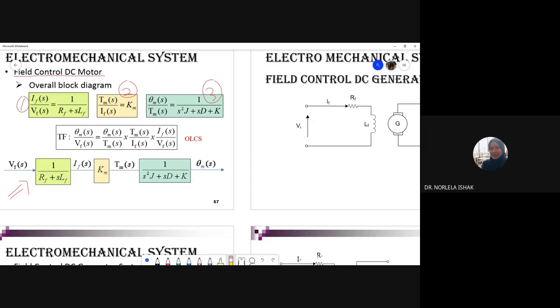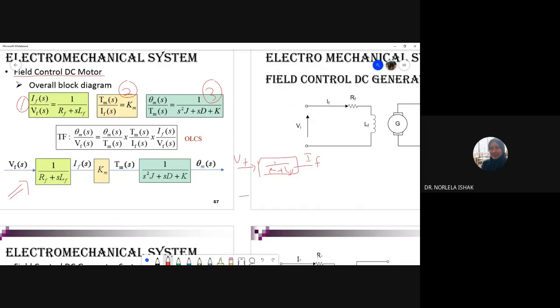So what's the individual block diagram for equation number 1? Let's say you sketch equation number 1. The output is I field, this is your input, and this is your gain 1 over Lf.